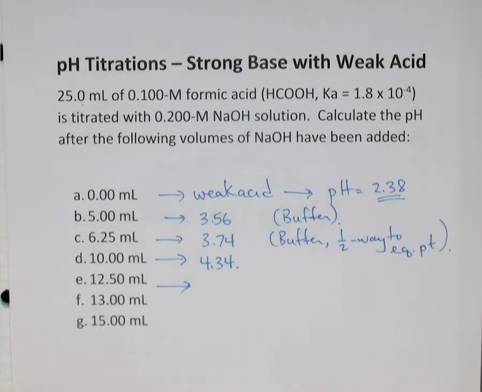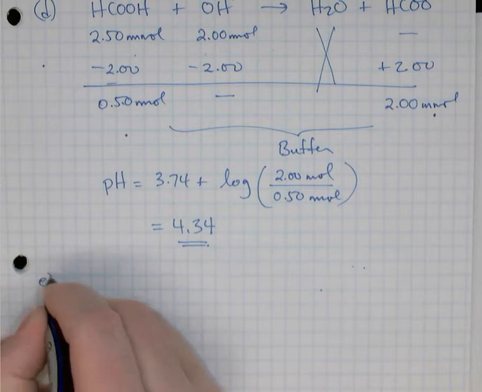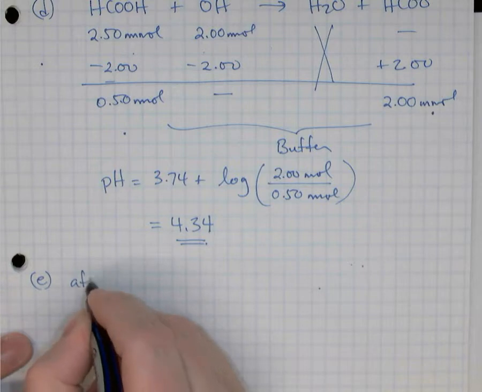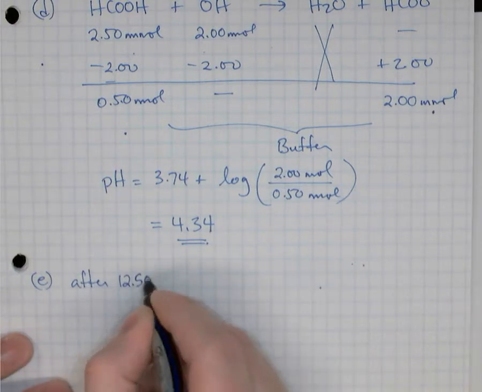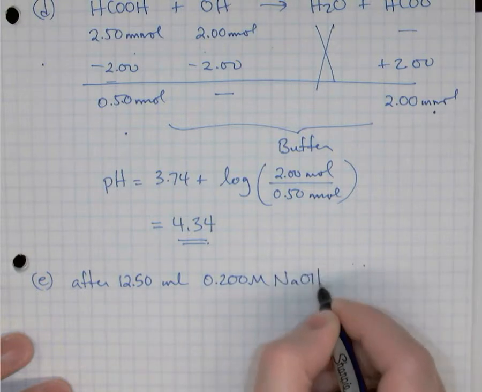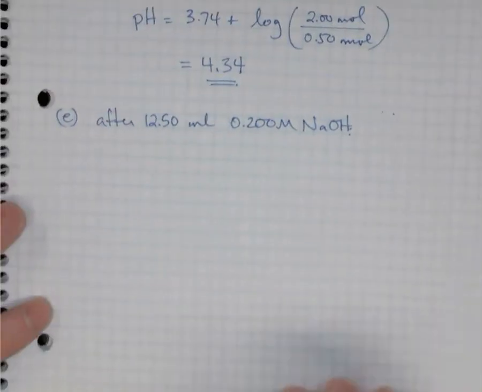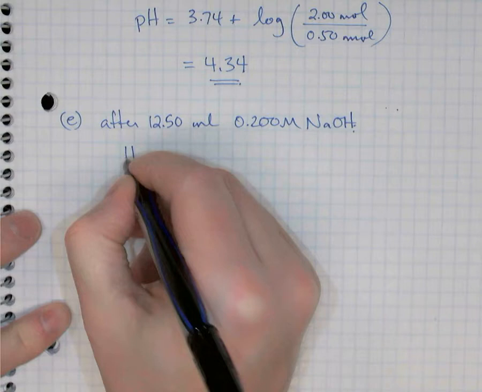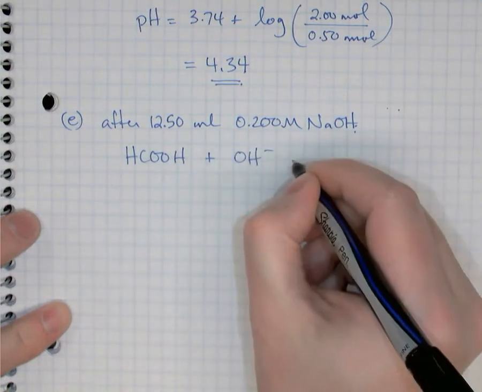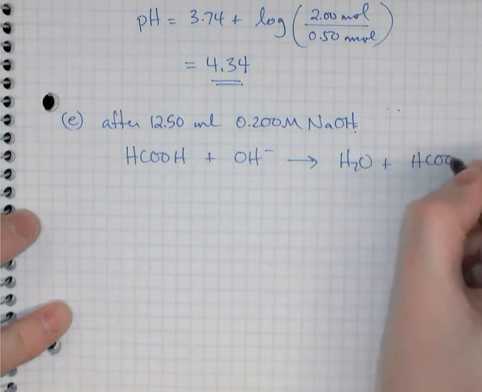Now 12.5 milliliters, if you're following mathematically, you can see why that's an important number. So 12.5 milliliters of 0.2 molar sodium hydroxide. Set up your ice table. The formic acid reacts with the strong base to produce water and formate ion.